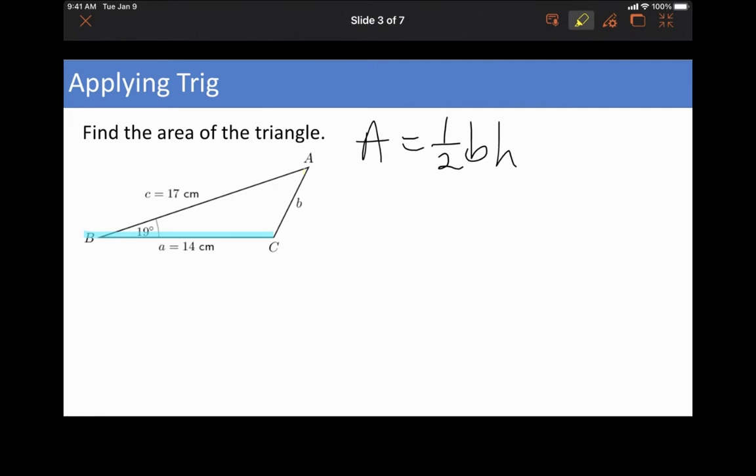Is this the height? No, that's the side length. A height, if you remember, has to be perpendicular. So for this particular one, if we extend this side, the height to the 14 side BC would be here. So this is the height here.